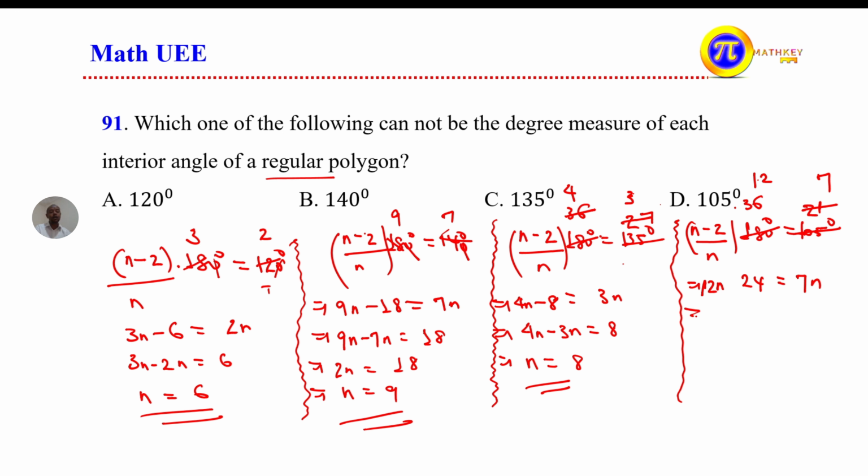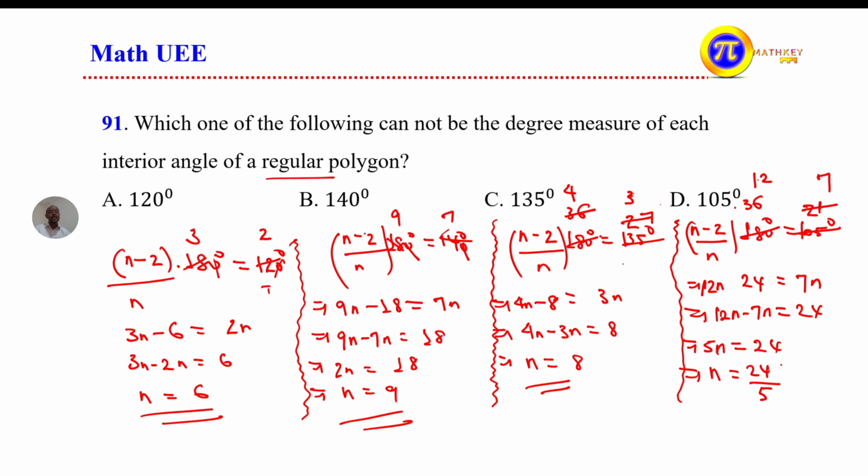Solve for n. This means 12n minus 7n is equal to 24. 12n minus 7n is 5n, which is equal to 24. What is the value of n now? Divide both sides by 5. n is equal to 24 over 5, which is 4.8.